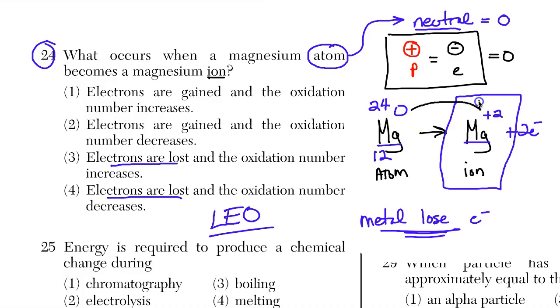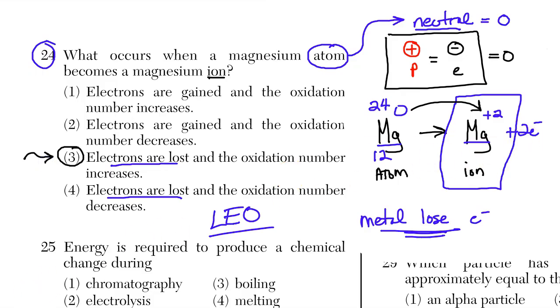Your charge is increasing. So this was really a question about, do you understand that magnesium becomes a positive ion because it's a metal, like all metals? You could look that up. And that when an atom that's 0, like metals, becomes positive, they are oxidizing. And therefore, their oxidation number is increasing because they're losing electrons. So in any case, number 24 is 3.